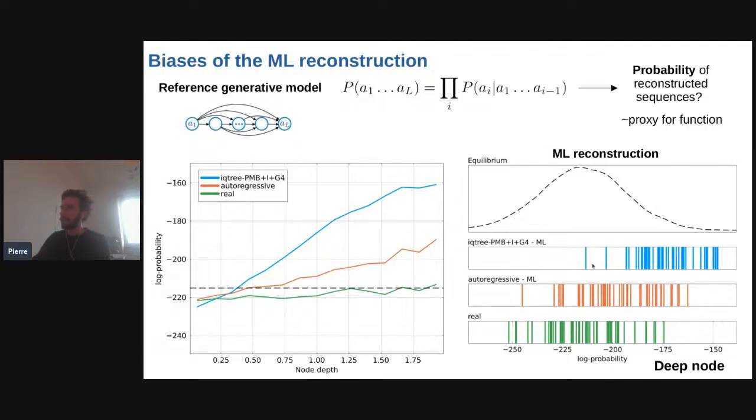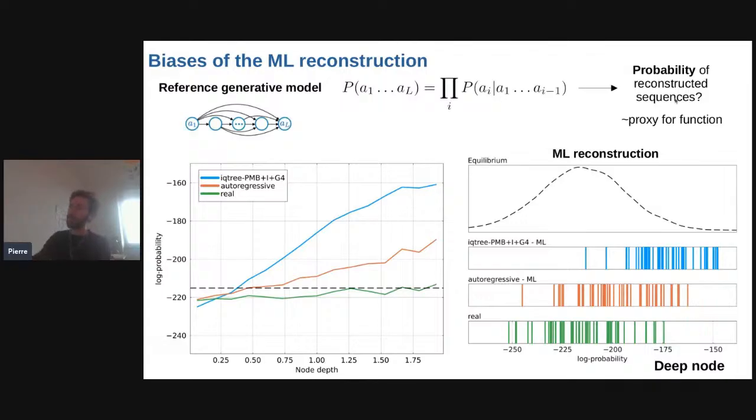Another way to see this is, you can here see the distribution of log probabilities for a sample of the model. And here I put the reconstruction of the deepest nodes as bars. And we do many repetitions of this. So this is for 100 different trees, the log likelihood according to the model of the deepest node. And you see that the real deepest node is typically in this range. And if you take the reconstructions, they tend to be biased to more likely sequences.